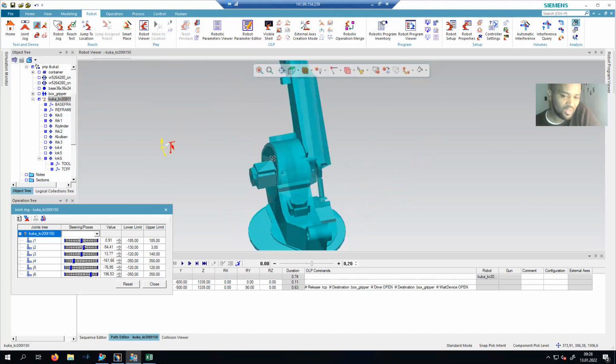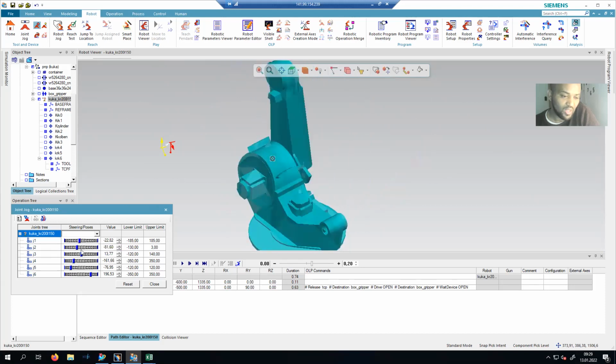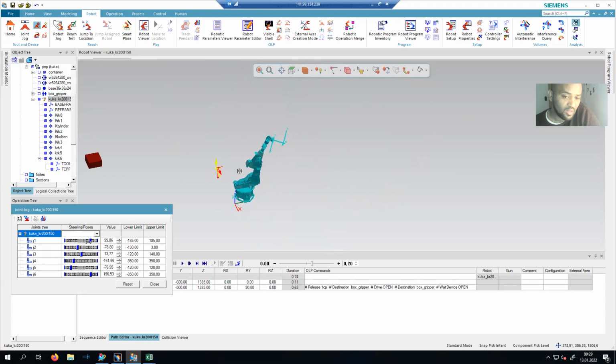The difference between this and this is the offset angle. Look now, between this and this there is a 90 degree offset.